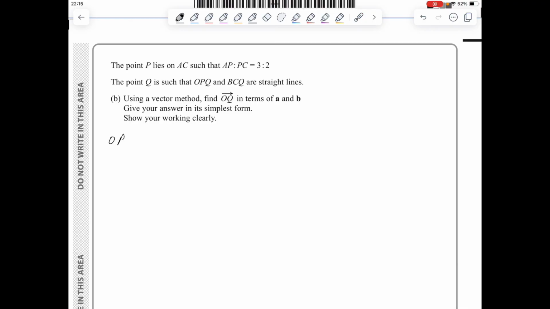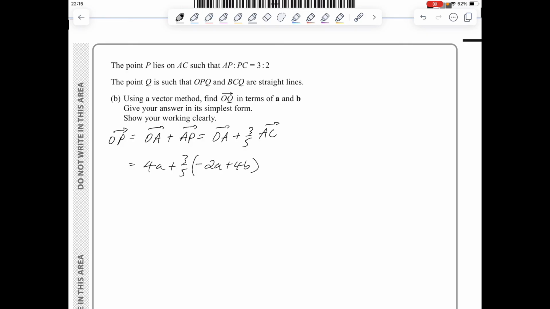So OP is equal to OA plus AP, which is equal to OA plus 3/5 of AC. This is equal to 4A plus 3/5 of minus 2A plus 4B.